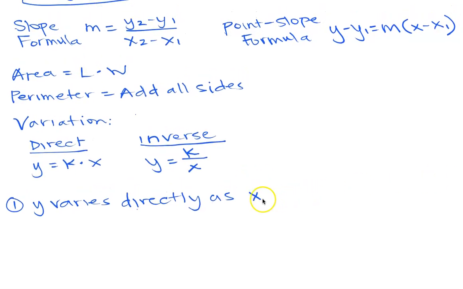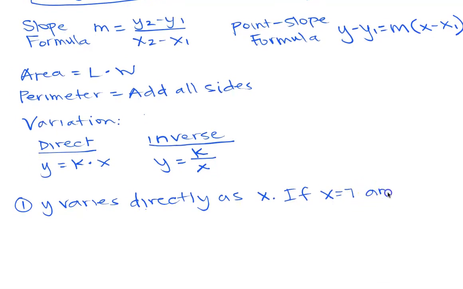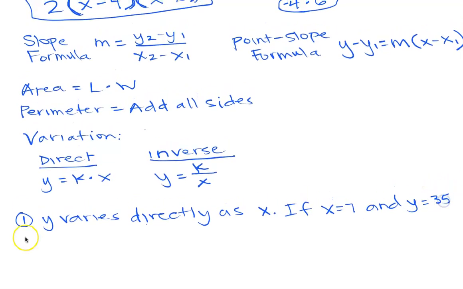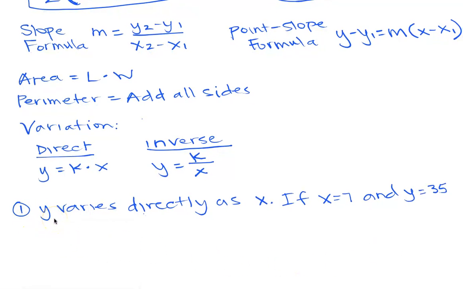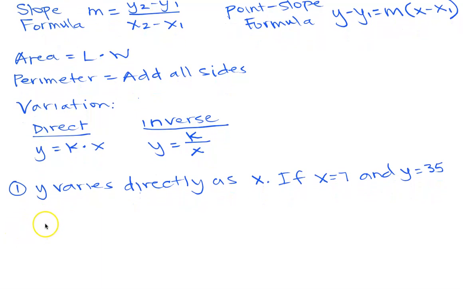If x equals 7 and y equals 35, find y when x equals 3.